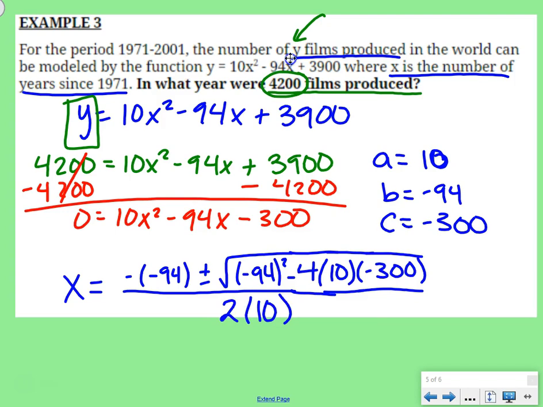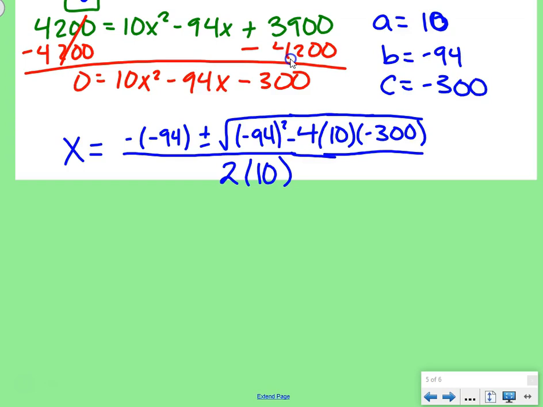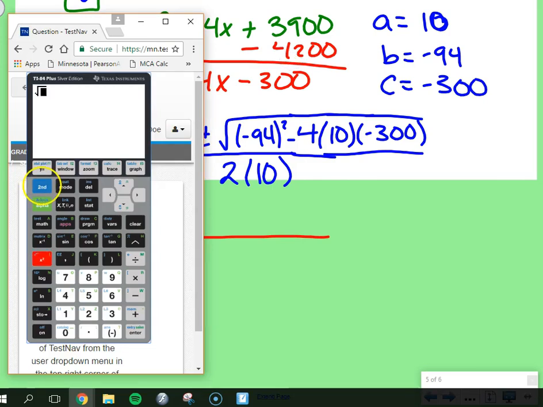All right, so now again we need to evaluate what's underneath that radical. So we can solve this. It's going to be x equals 94 plus or minus. Let's type that into our calculator. So we're going to do the square root of negative 94 squared minus 4 times A times C equals 144.34.